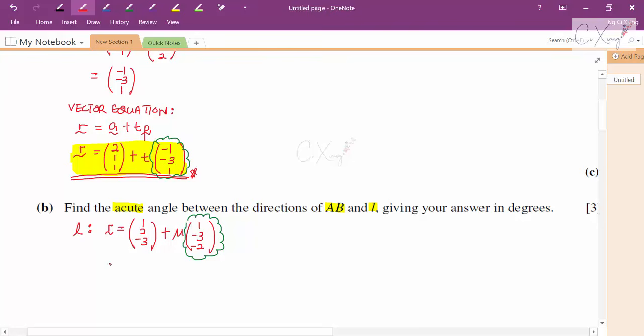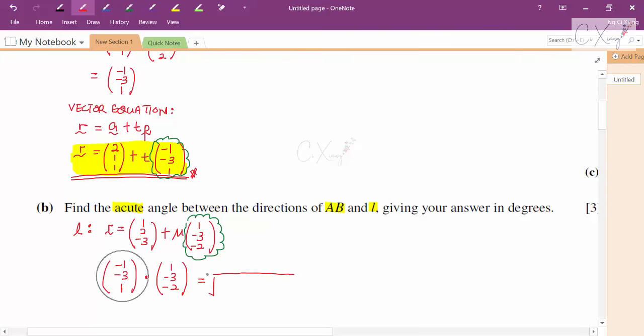Right. So let's start. P dot Q. So maybe I assume this as P and this is Q, right? The direction. So I'm having negative 1, negative 3, 1, multiplied with 1, negative 3, and negative 2. And it equals the modulus of this vector.